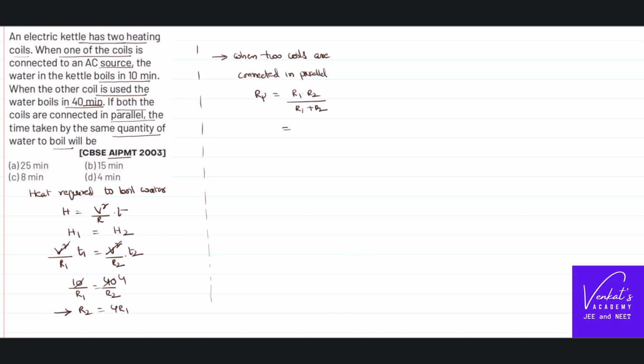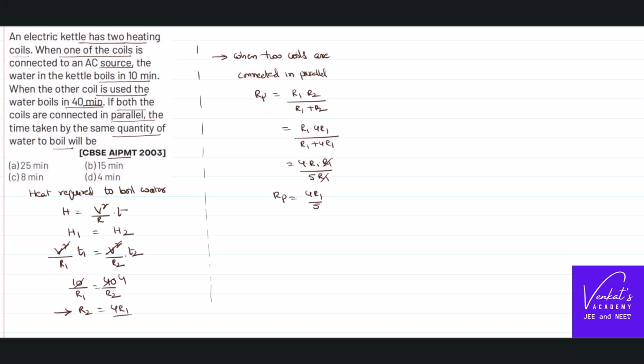We found R2 as 4R1, so it is 4R1 times R1 by 5R1. One R1 will get cancelled, so the resistance in parallel is 4R1 by 5.